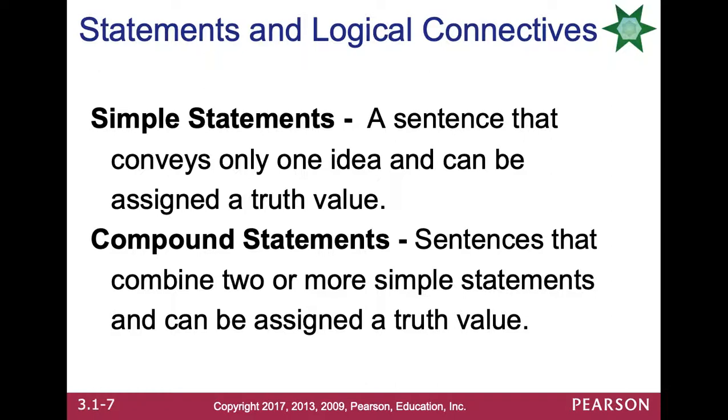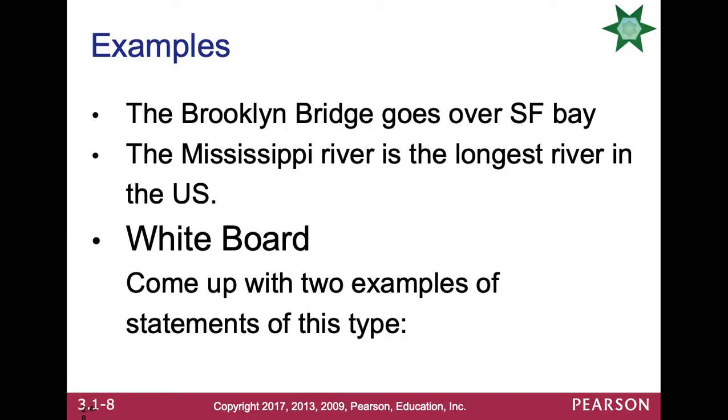So for example, let's take a look. The Brooklyn Bridge goes over San Francisco. The Mississippi River is the longest river in the US. These are simple statements. And so what I'm actually going to have you do in class is come up with two examples of statements of this type.